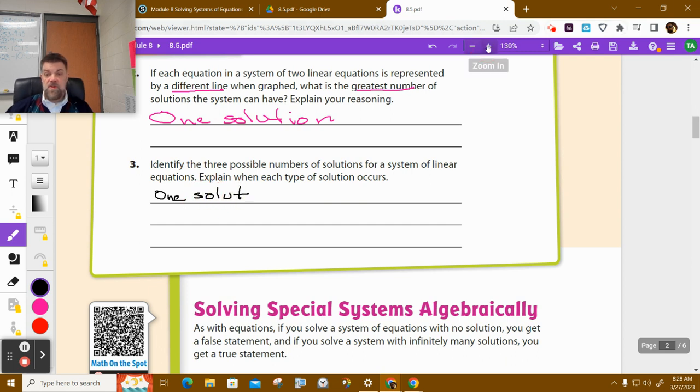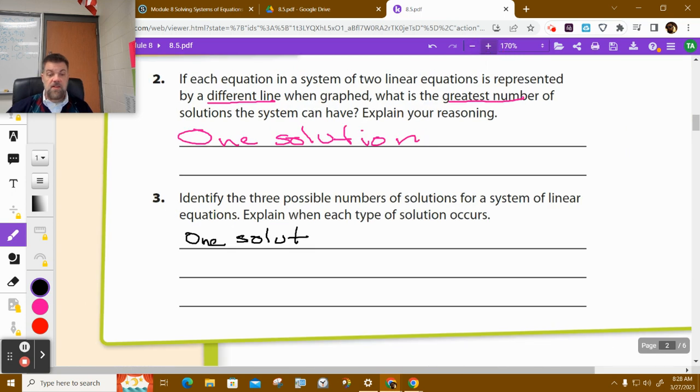I'm going to zoom in a little bit so you guys can see it in the back. One solution: different lines, and one intersection. They have one point in common.